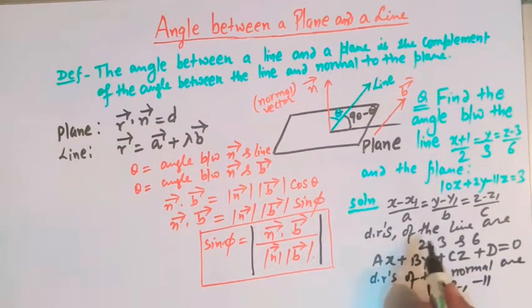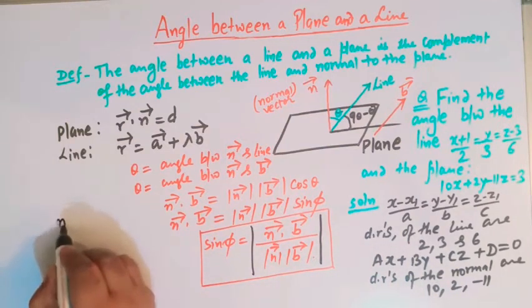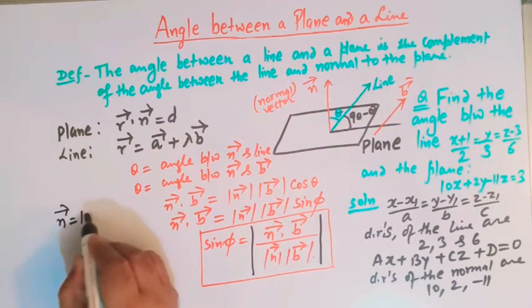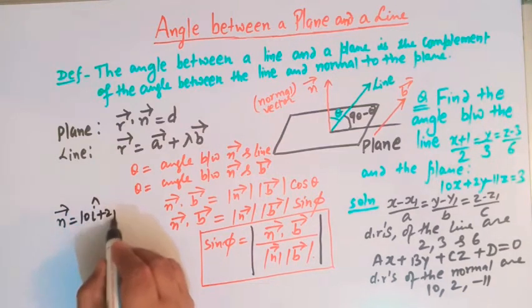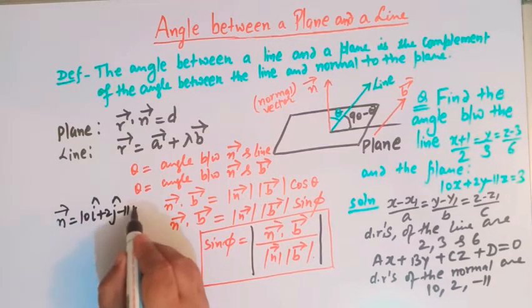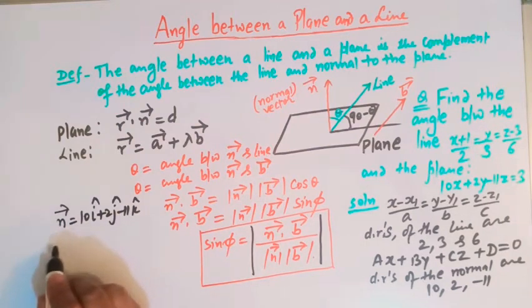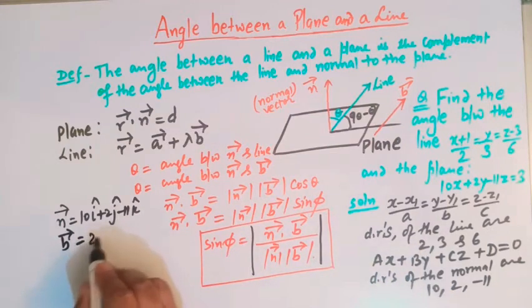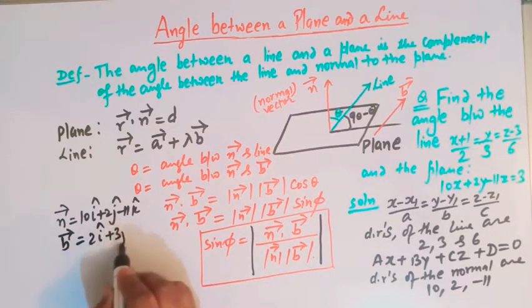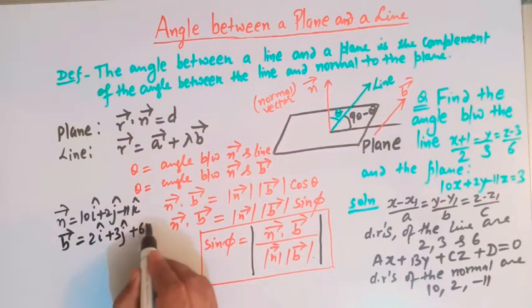So vector n can be written as 10i cap plus 2j cap minus 11k cap, and vector b can be written as 2i cap plus 3j cap plus 6k cap.